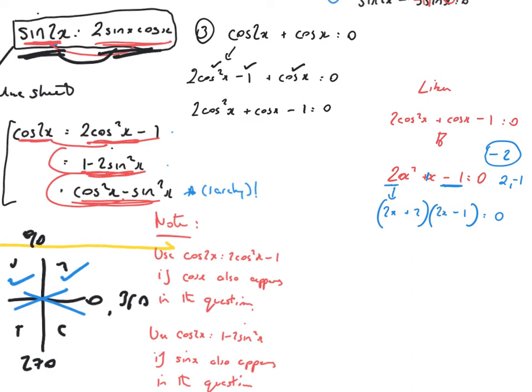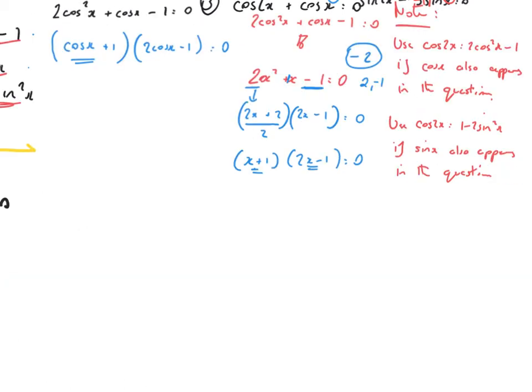The second bracket cannot be factorised further, however I can take out a common factor of 2 here and bring that down to x plus 1 bracket 2x minus 1 equals 0. Let's bring that back in then, so that's going to be cos x plus 1 bracket 2 cos x minus 1 bracket is equal to 0.